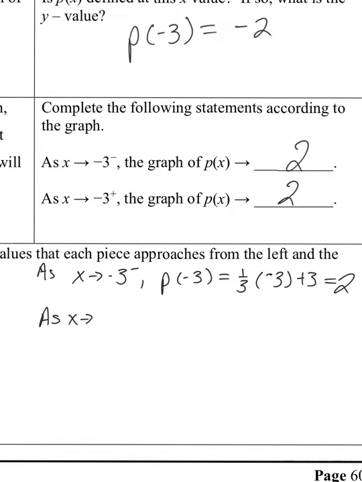As x approaches -3 from the right, P of -3 is equal to -3 minus 1 minus 2, which is +2. Okay?